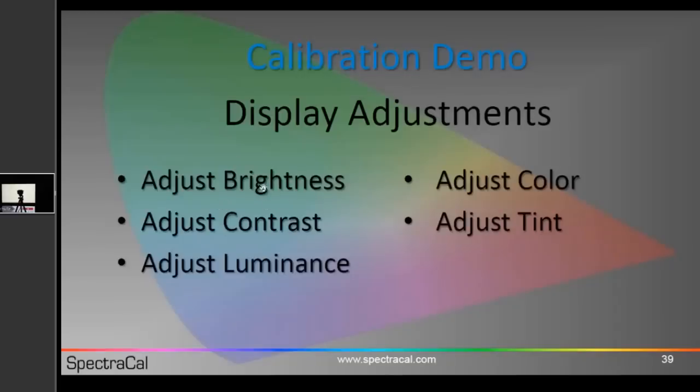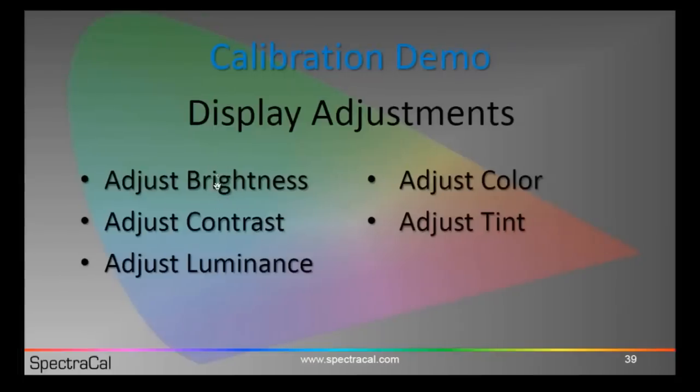And let me switch off the webcam for a moment. The brightness, contrast, and luminance may have been affected by the white balance adjustments that we just made, and so we're going to go back for a final setting of brightness, final setting of contrast, and final setting of luminance level. And then we're also going to adjust our color and tint.